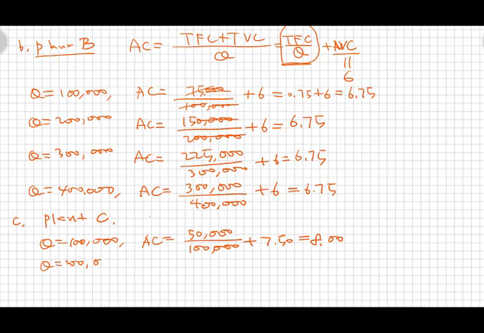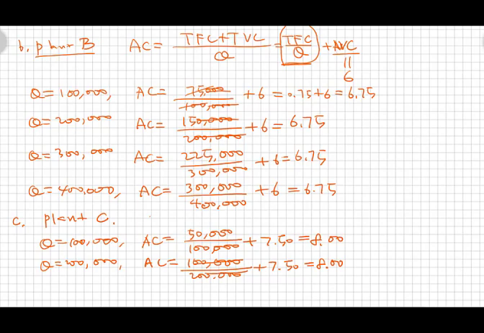For quantity 200,000 average cost, now you can also expect that you again need additional 2 plants C, which doubles your cost from 50,000 to 100,000 divided by 200,000 plus 7.50. So you can imagine again your average cost is $8.